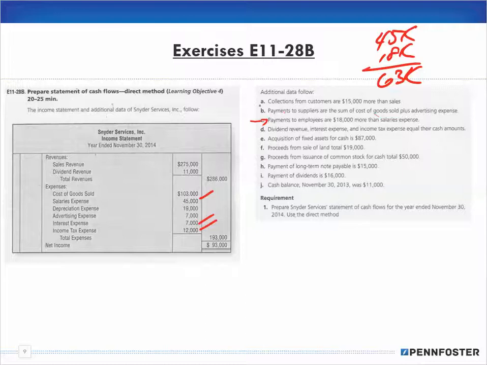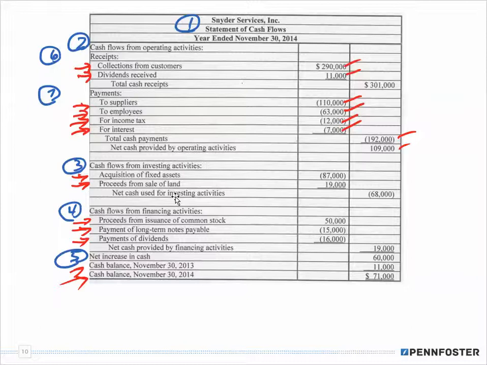Obviously acquisition of fixed assets doesn't show up on my income statement. So if I look at my additional data here, I see I have an acquisition of fixed assets for cash of $87,000. So I would come over to my blank statement of cash flows that I'm working on, and I would add the $87,000 in.